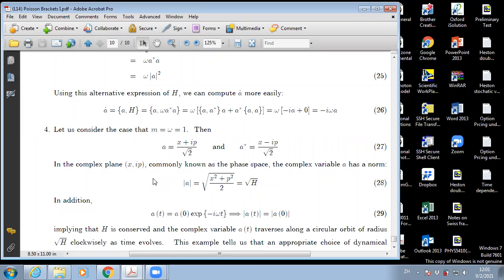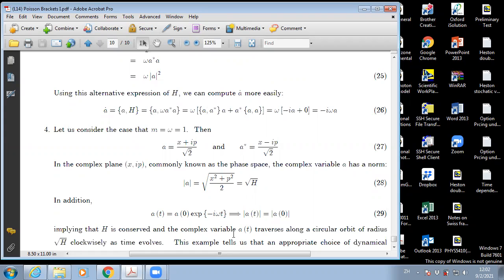We can easily see that the magnitude of A is equal to the square root of H, or H equals the norm squared of the complex variable A. Since H is conserved, the norm of A(t) is also conserved.